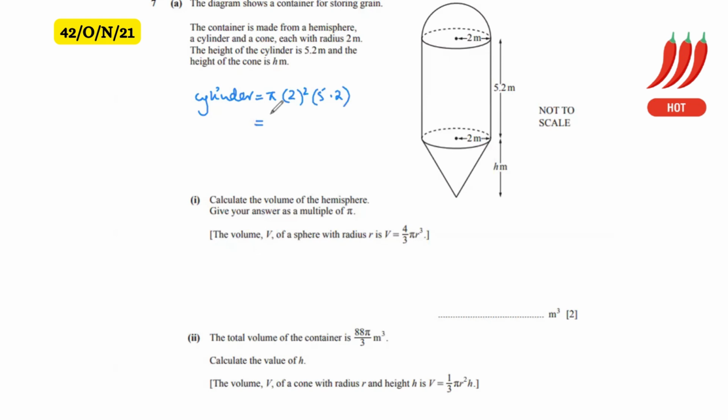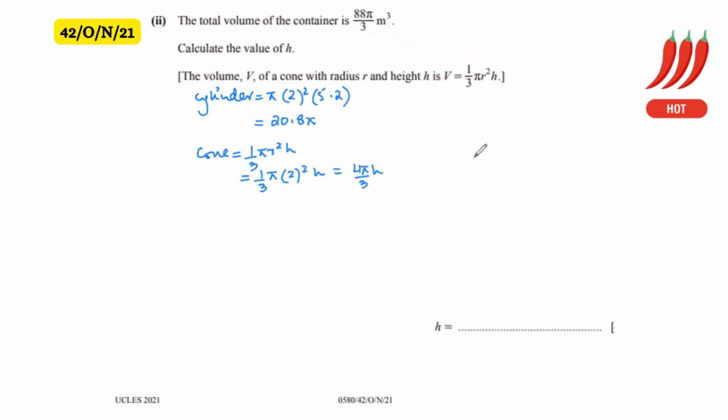So 5.2 times 4, that's 20.8 pi. And for the cone, 1 over 3 pi r squared h. So 1 over 3 pi times 2 squared times h, which is 4 pi h over 3.